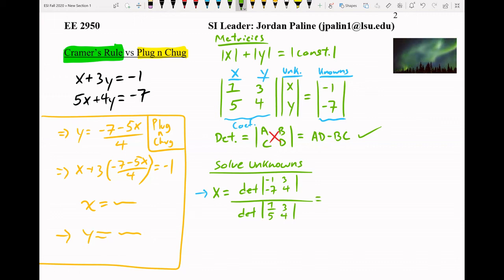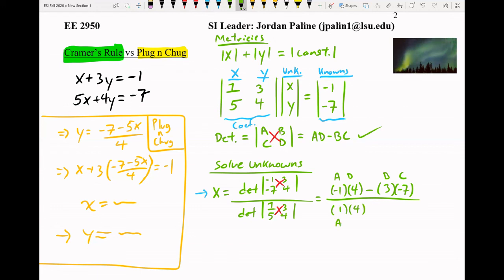All right. And what we'll do is we'll just do a bunch of cross multiplications, kind of like we did before. And what we'll get here is -1 times 4. This is AD minus 3 times -7. BC. We'll come down to the bottom and we'll do the same thing. So 1 times 4.